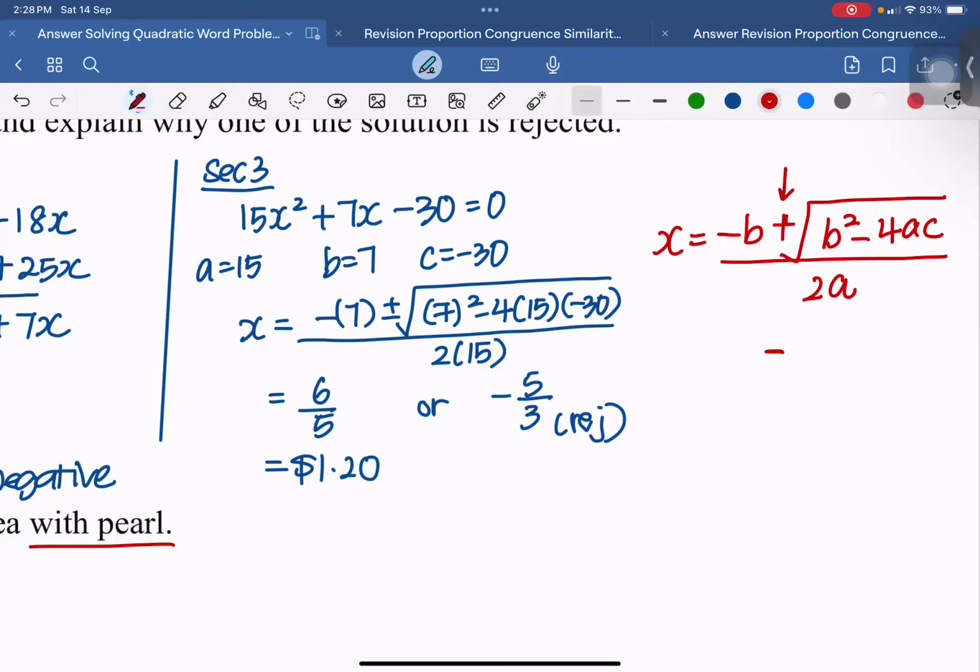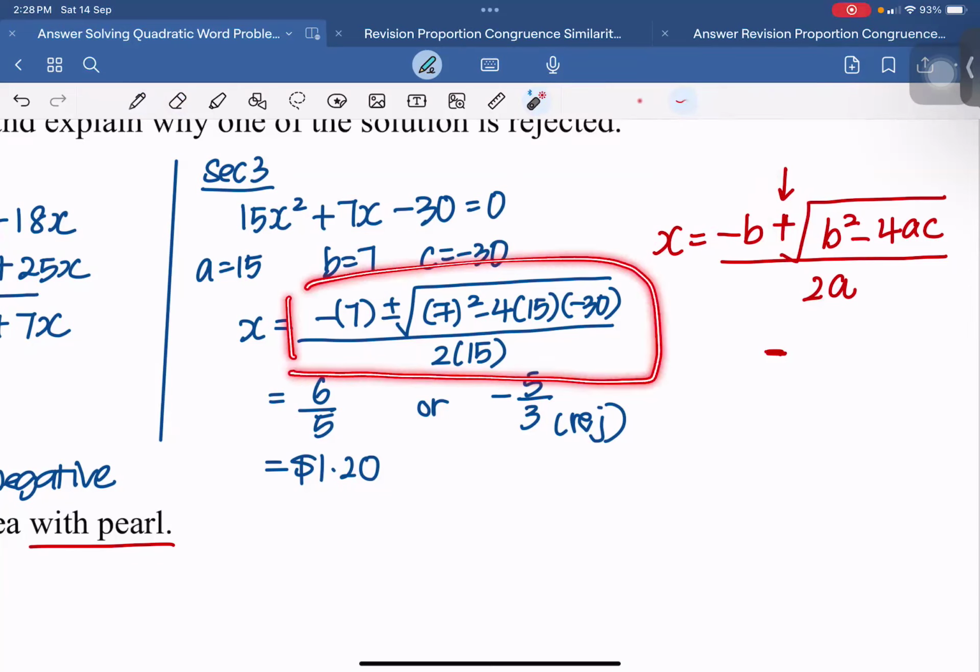Then the second one, you change to minus. So it's either plus or minus. Some of you didn't put the sign and then you key the answer straight away, then the answer is not correct. Or otherwise, you use the shortcut menu 5 2 2, key and get the answer. But the thing is, you must make sure you write the working.